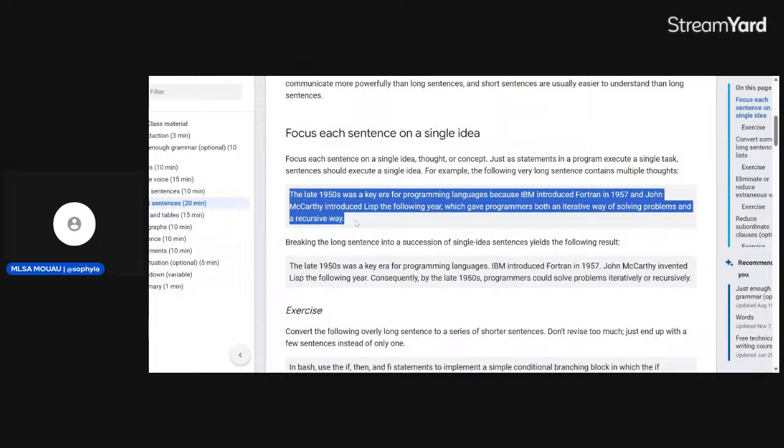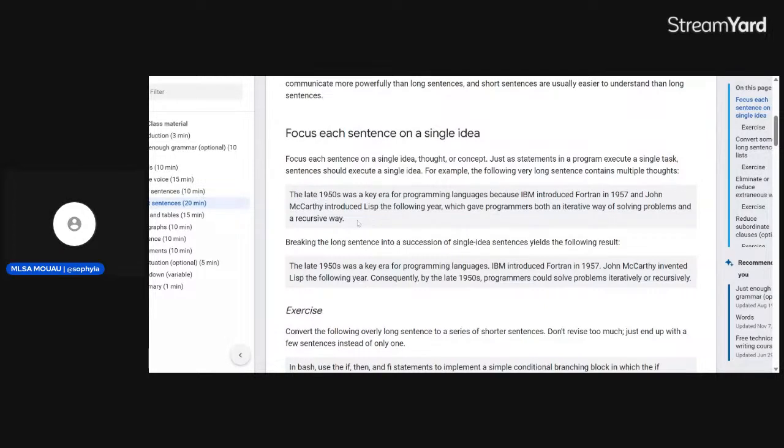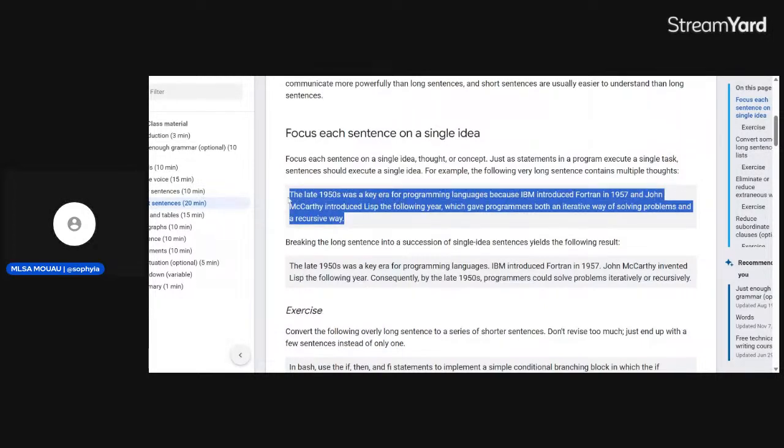Like this sentence here: the late 1950s was a key era for programming languages because IBM introduced this and this. Now, this is good, but it's long.